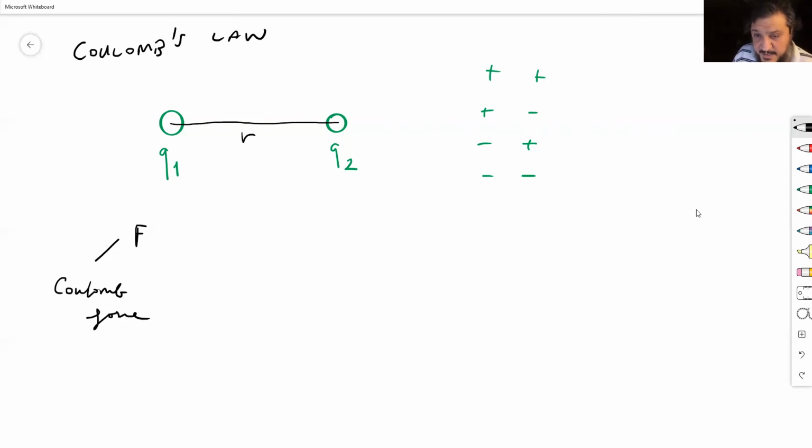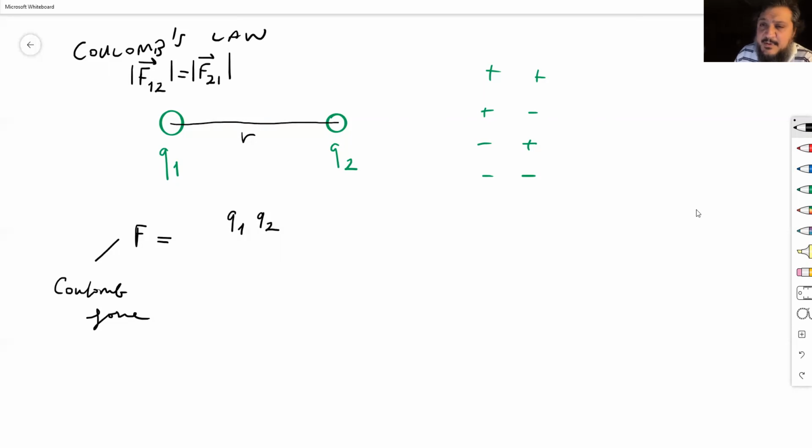This force will be proportional to the charges, so Q1 times Q2. And according to Newton's third law, action-reaction, the force on the first charge, call it F12, will be the same in magnitude as F21, the effect of charge 1 on charge 2.